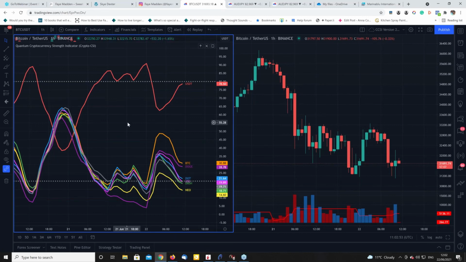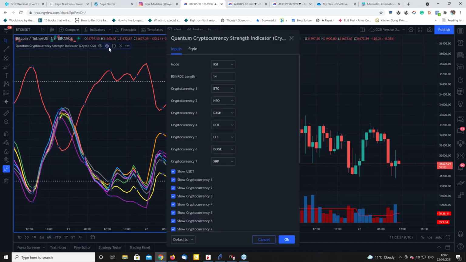But in addition to that, we've also included the option to select which particular cryptos you want on your chart. So you can actually choose any of these. These are all on TradingView. I'm not sure this indicator will be developed for other platforms, because it's so variable in terms of what cryptocurrencies are available on MT4 and MT5, for example.